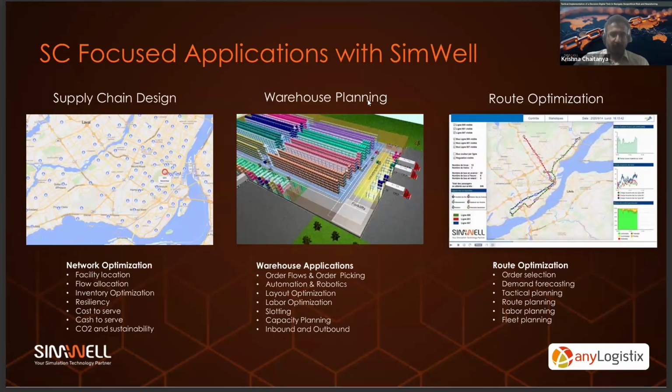Supply chain design, anything related to planning, where any facility planning, as well as any optimizations, not just route, any production optimization, any fleet optimization, any demand forecasting, anything in warehouse, any kind of automation, layout optimization, capacity planning, inbound, outbound processing and optimization simulations and all.